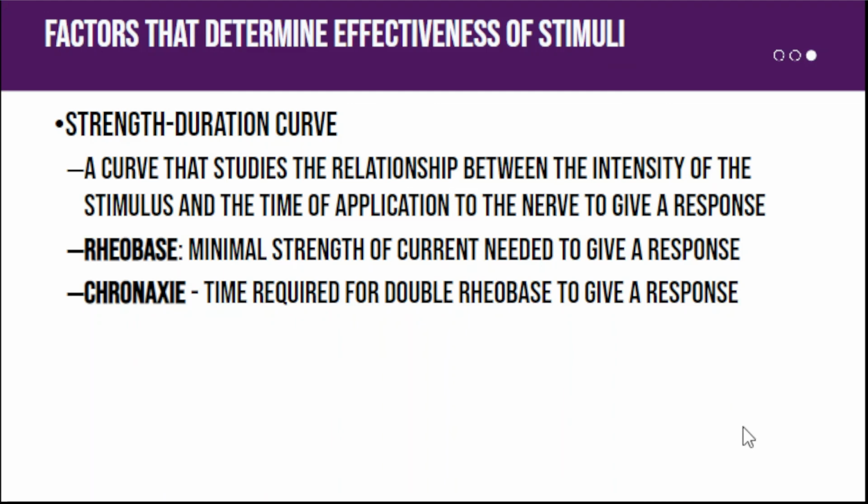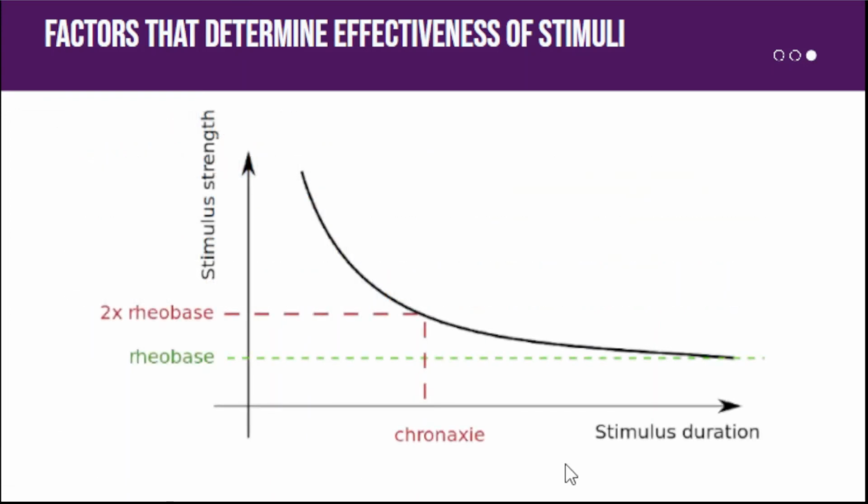Next is the strength duration curve. So the strength duration curve is a curve that studies the relationship between the intensity of the stimulus and the time of application to the nerve to give a response. And later on, we'll define these two terms. So let me show you this curve first. Ayan.